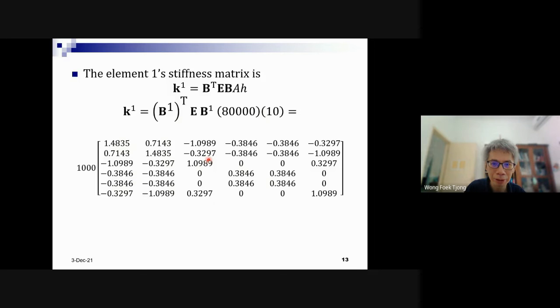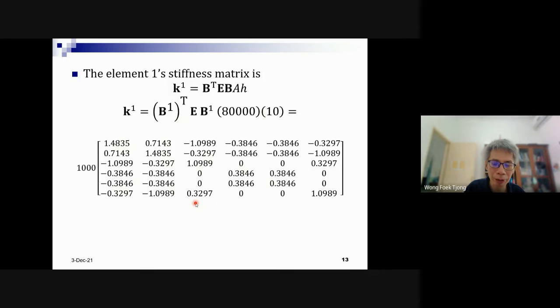What do you think? It means the rank of this matrix should be less than 6. The answer is yes, it's singular. The rank of this matrix is actually only 3. So the size is 6, but the rank is 3. You can check using MATLAB, okay?